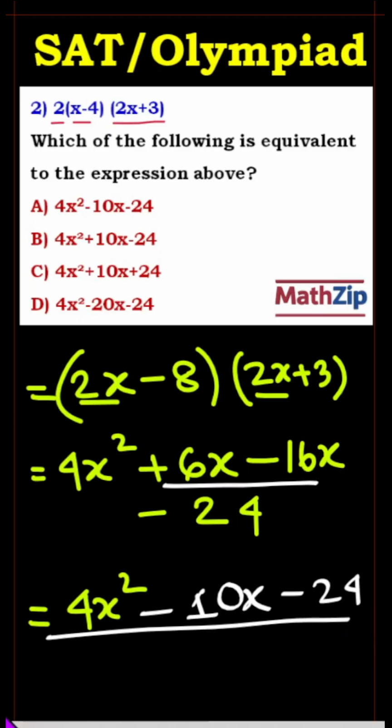So we can say correct answer is number A. Look, here is 4x square minus 10x minus 24. This is the correct answer. Next question.